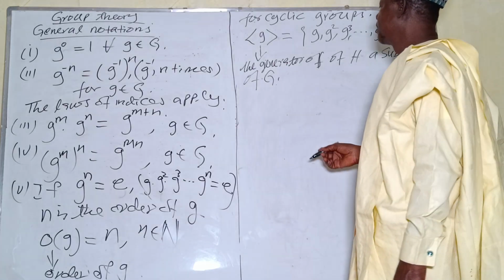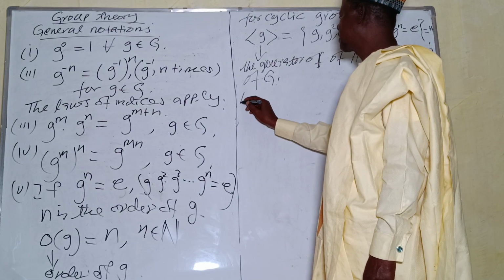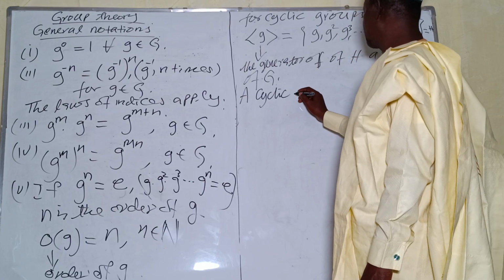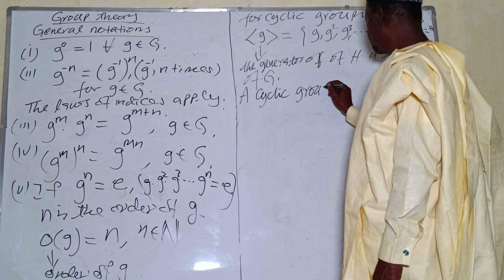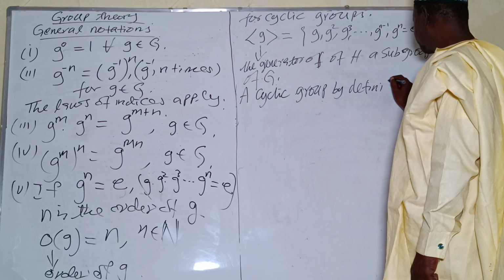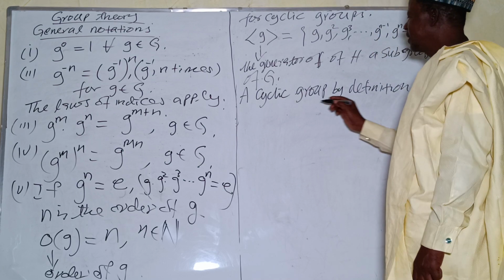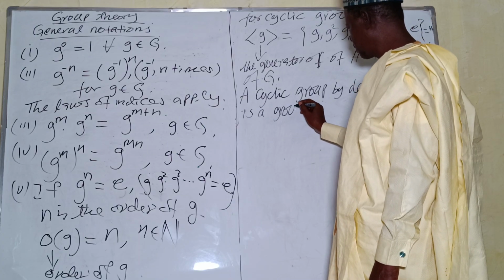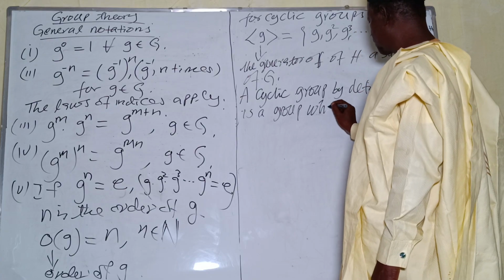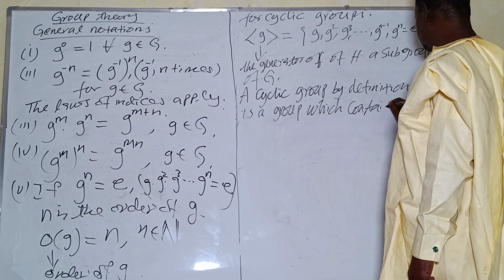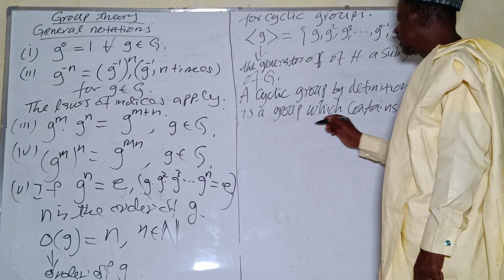And therefore, by definition, a cyclic group is a group which contains a generator.